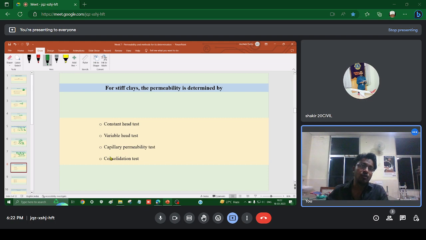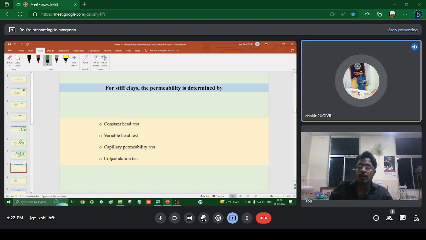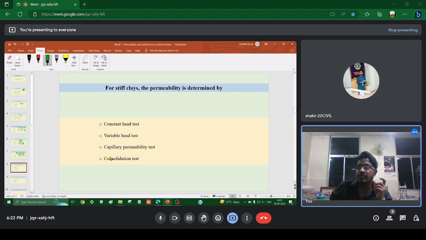In the consolidation equation, there is a relationship between MV and K. In one particular equation in the consolidation test, the permeability is there. Consolidation means removal of water from the soil.